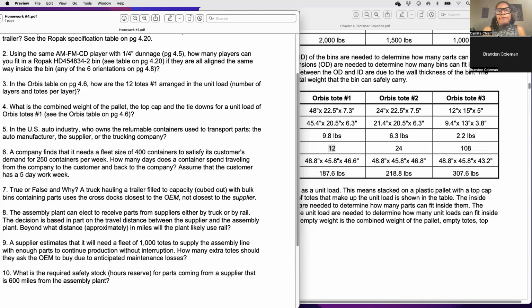If you have 400 containers, and you figure out how many containers per day you're using, then once you do that math, it'll tell you how many days, because you're going to take total containers per day, and when you calculate that out, it's going to cancel out containers, and you're going to come out with days when you do the math.